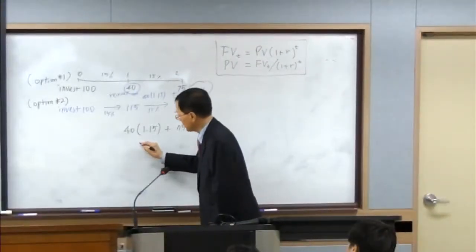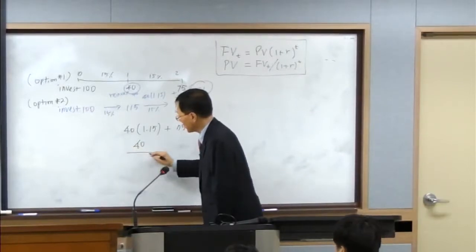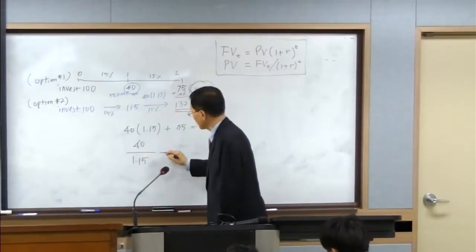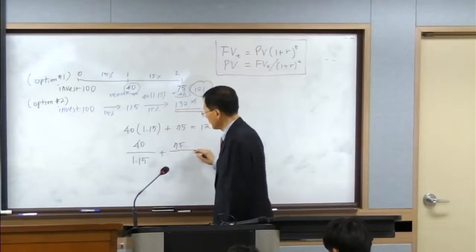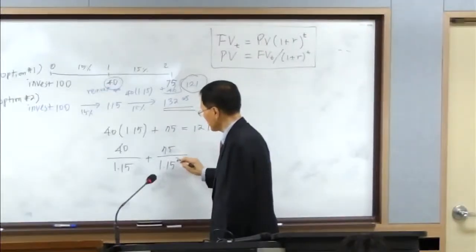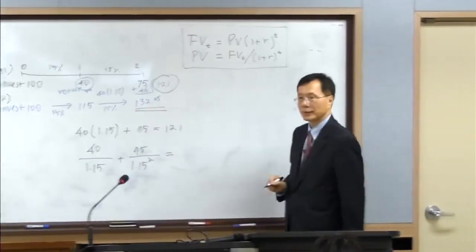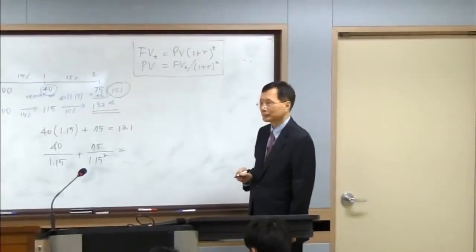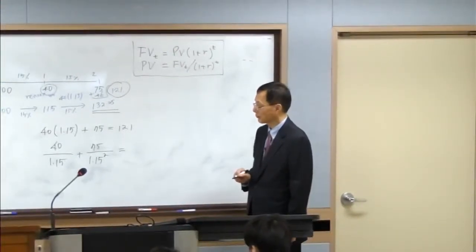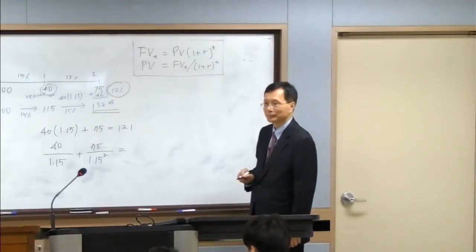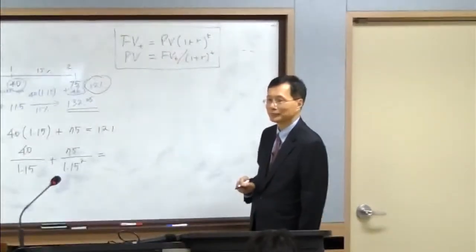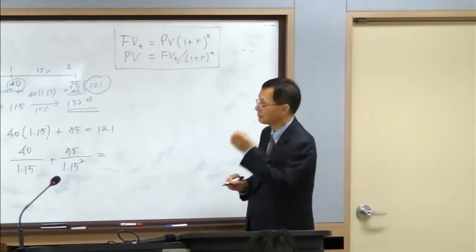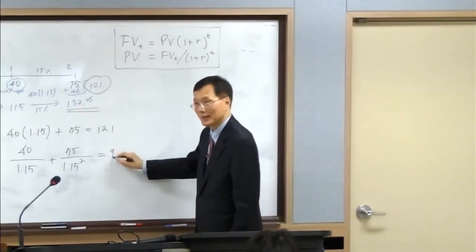Then it will be 40 divided by 1.15 plus 75 over 1.15 squared. And that will be equal to, how much is it? $91.49.